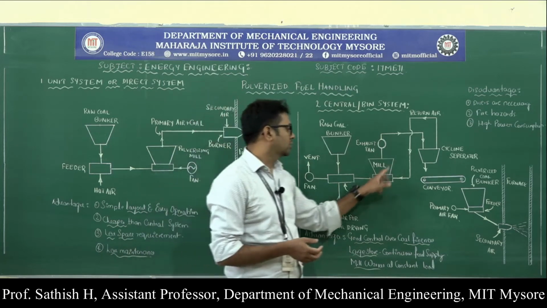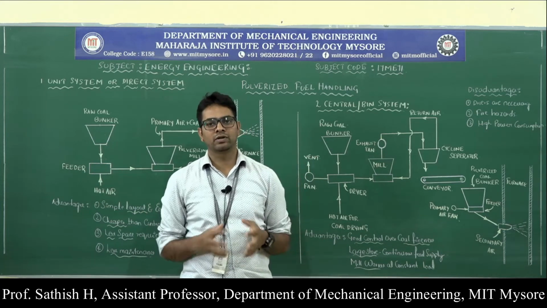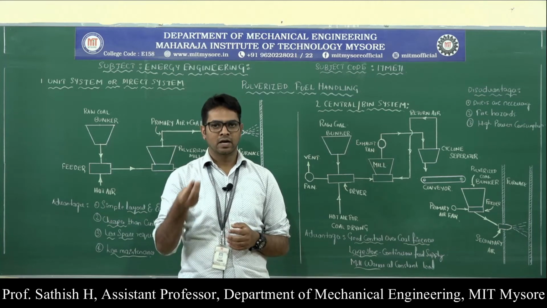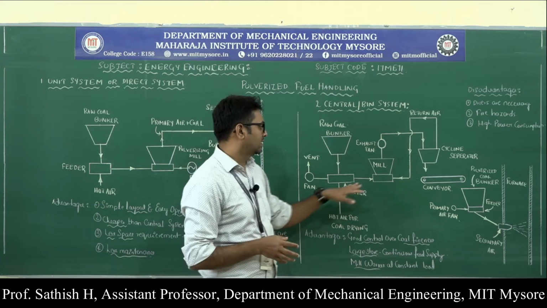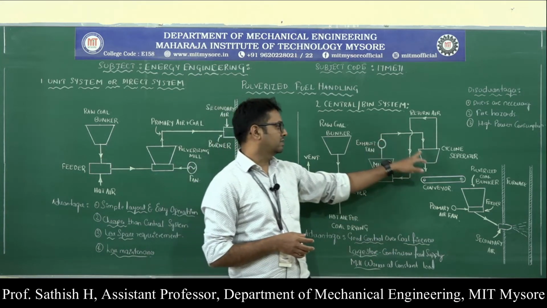And then we have this mill, the pulverizing mill, as I explained before. The function is to crush the lump form of the coal into the fine powdered form. So we are basically crushing it. That is called a pulverizing mill. Then we have this exhaust fan and the cyclone separator.